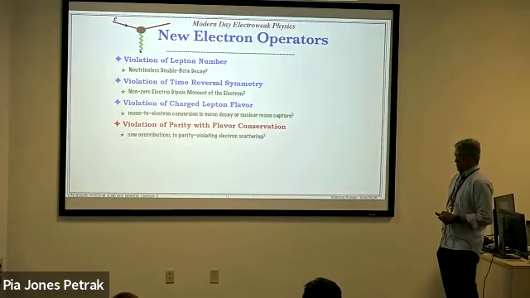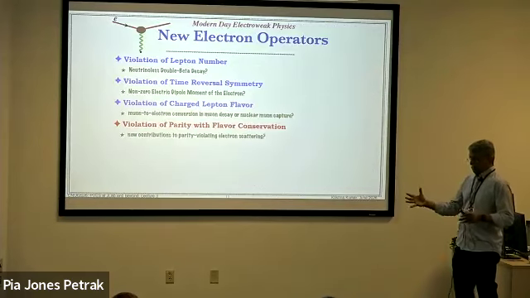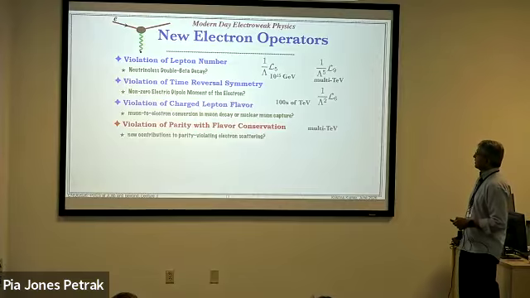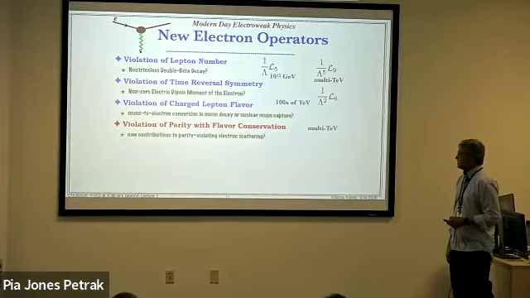Okay, so one thing I want to emphasize to make connections to yesterday's lectures is that I talked about how we are searching for new physics, and it's really this fourth category that we are in. So we talked about all of these violations of various symmetries. We are talking about violation of parity with flavor conservation.